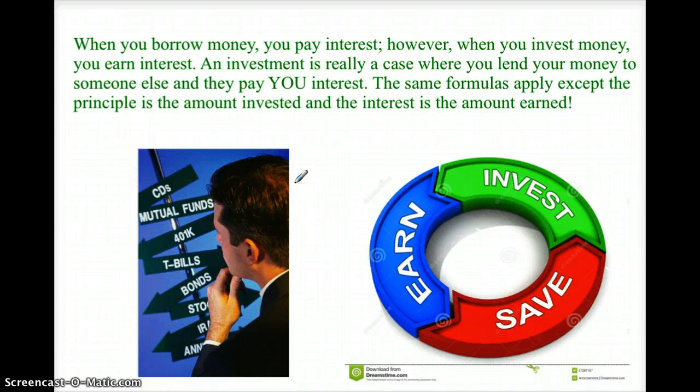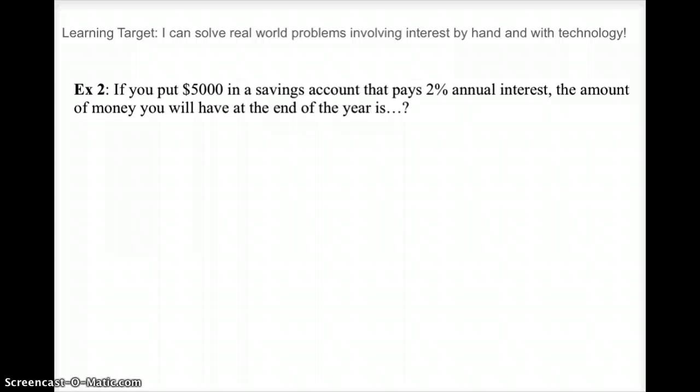Hang on. The example I just did was talking about borrowing money, but this same equation works in the opposite direction. What if you are letting someone else borrow your money to invest it? You are then earning the interest. Okay, so someone is paying you, so you're making money instead of paying more. Okay, so let's look at this investment question.